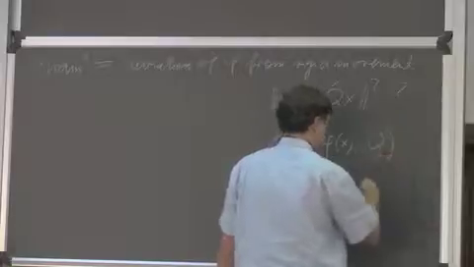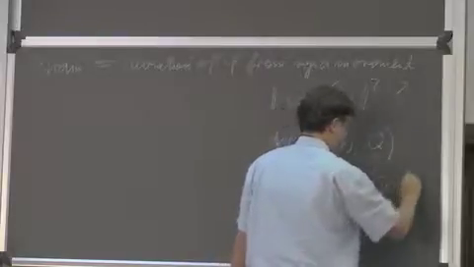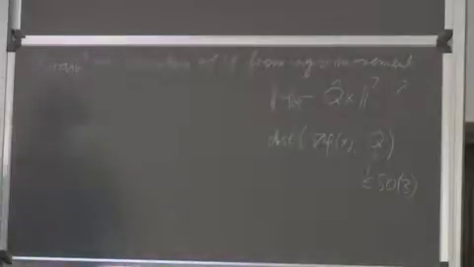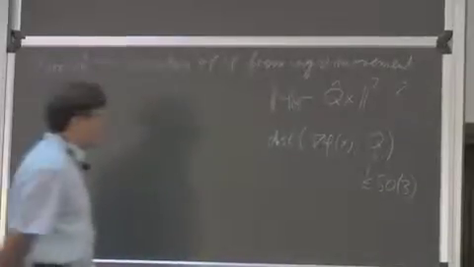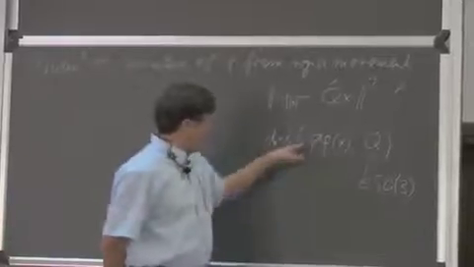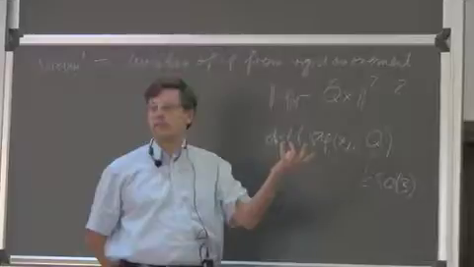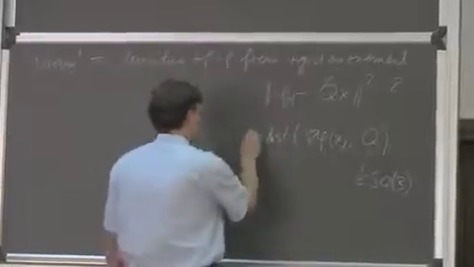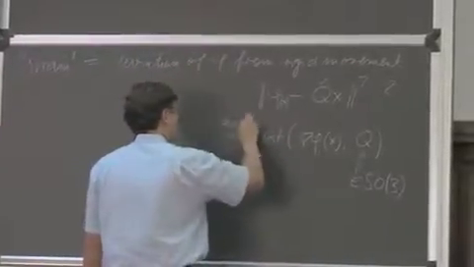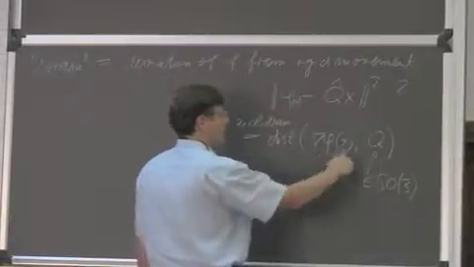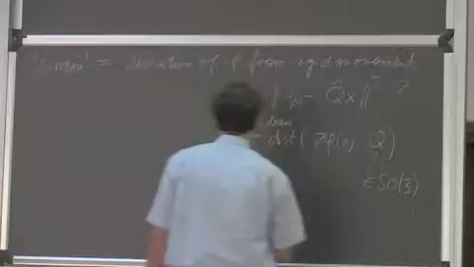The Q's are in SO3, my shorthand notation for orthogonal matrices. As the measure for this distance, I take the Euclidean distance. This is a 3x3 matrix, and this is a 3x3 matrix.